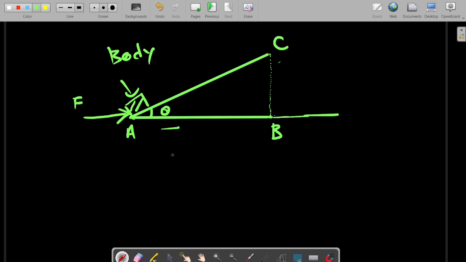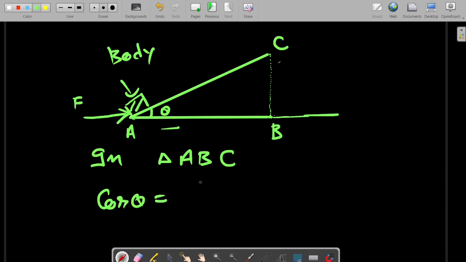So in triangle ABC, we will use the cosine of the angle. Cos theta is equal to base upon hypotenuse.